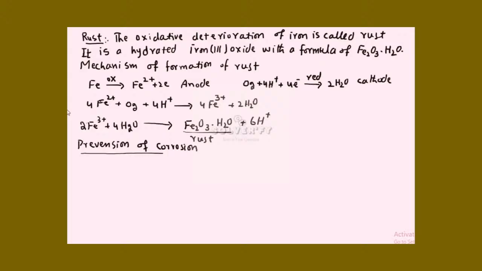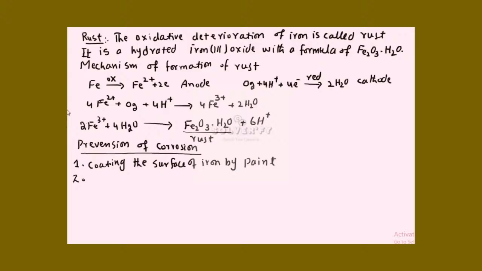Corrosion can be stopped by any one of the following. Number 1, coating the surface of iron by paint, which can stop the corrosion.